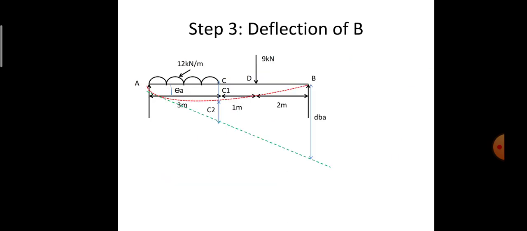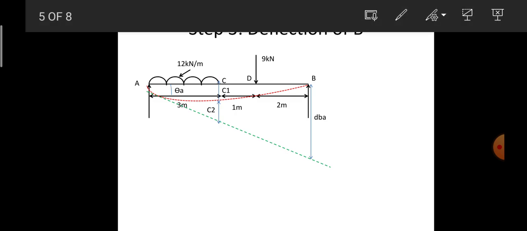So next comes the calculation of deflection at point B. Here the dotted red line represents the deflected position of the beam.